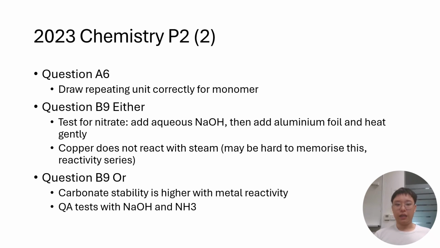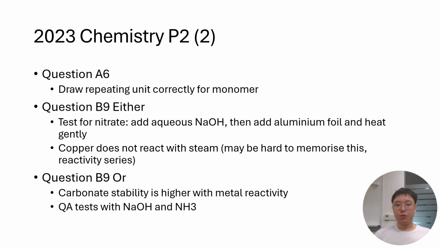For question B9 either, what I found that I was not very familiar with was the test for nitrate. This has got to do with QA, which is an area that I admit I'm probably weaker in, especially now that there are no notes for QA analysis, and therefore I must memorize the full thing.